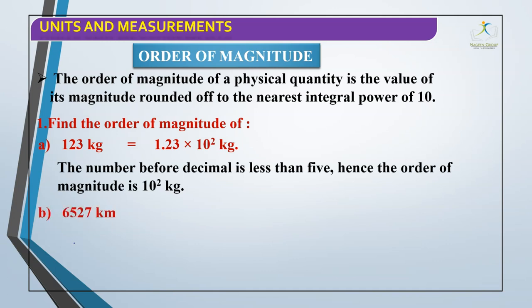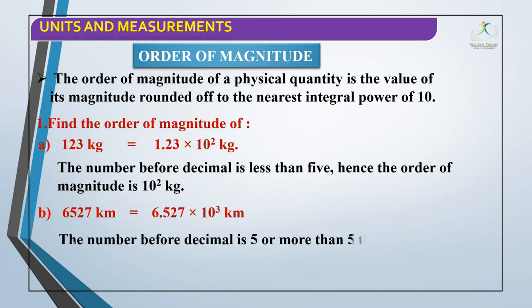If I'm just taking 6527, for that scenario we write 6.527 times 10 to the power 3. Now, the first digit which came is greater than 5. So we are saying that the order of magnitude is 10 to the power 4 kilometer.